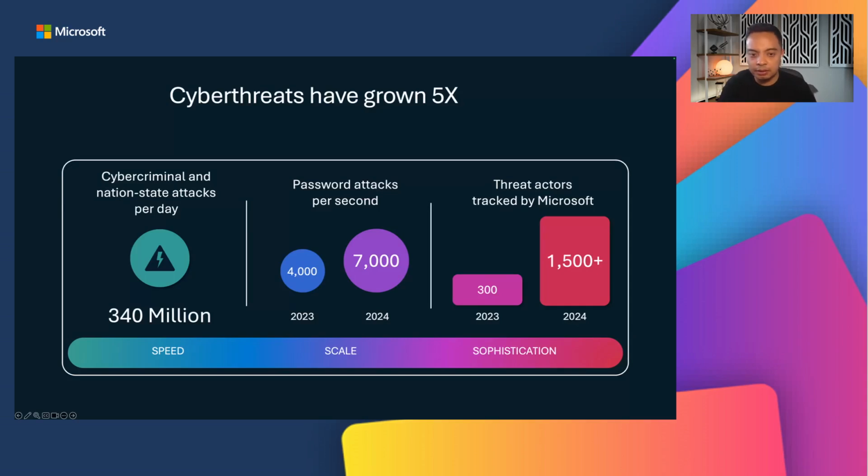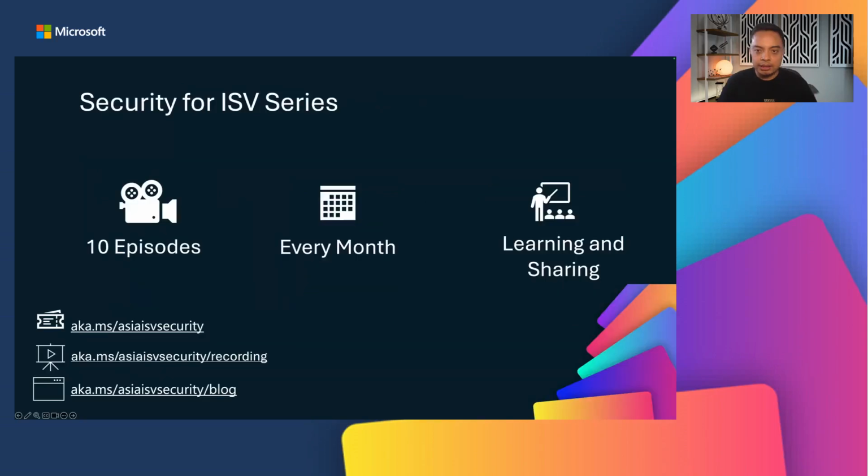The trend is definitely on the upside. This highlights that prioritizing security is no longer optional. As ISVs, a lot of our solutions are being used by our customers, so it's important that we adapt and stay ahead of these challenges.